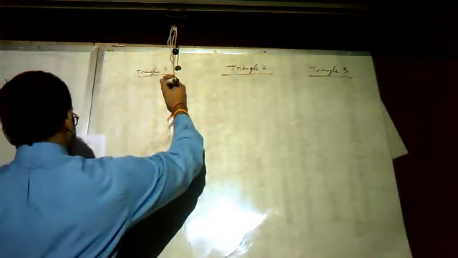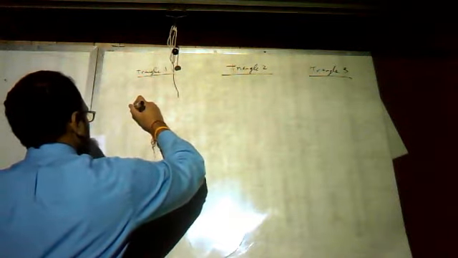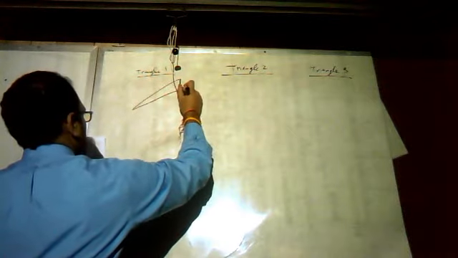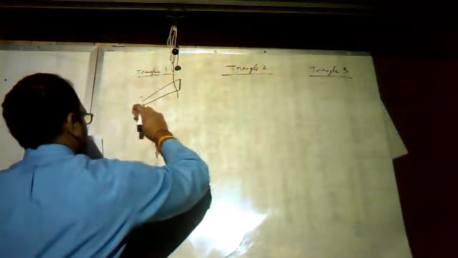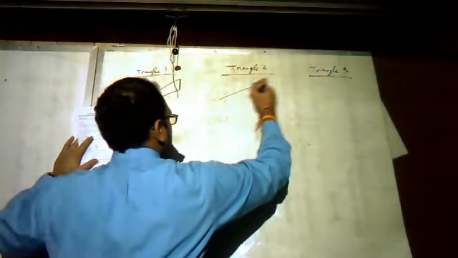So triangle number 1, it's the topmost triangle. That's what I'm going to label as triangle number 1. It's the smallest triangle. Then triangle number 2 is the triangle that's right underneath it.